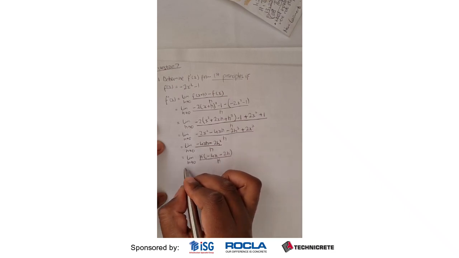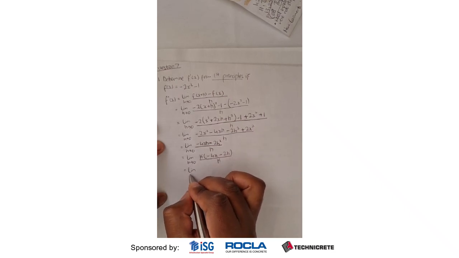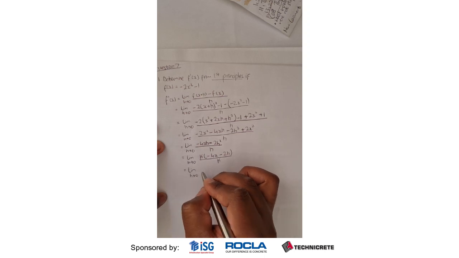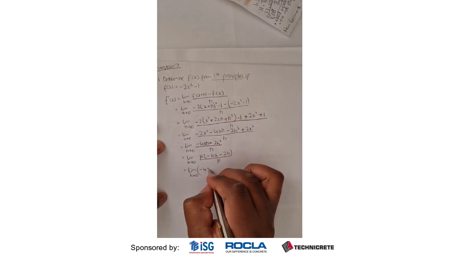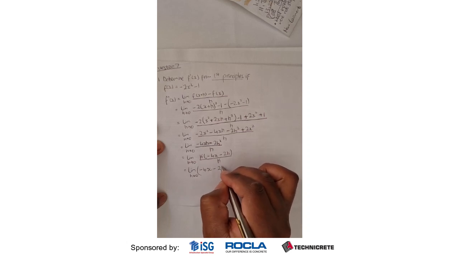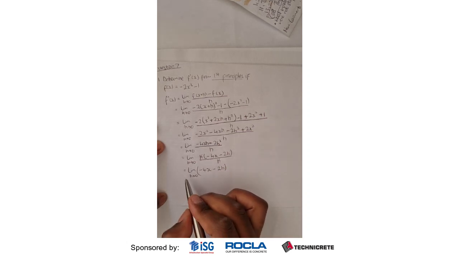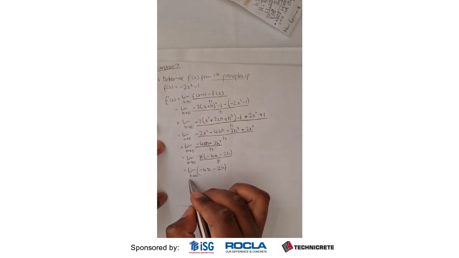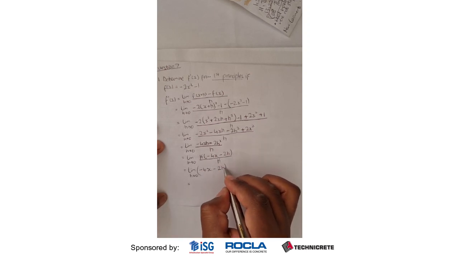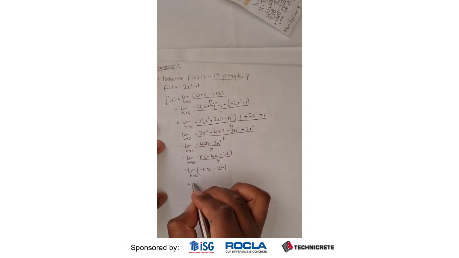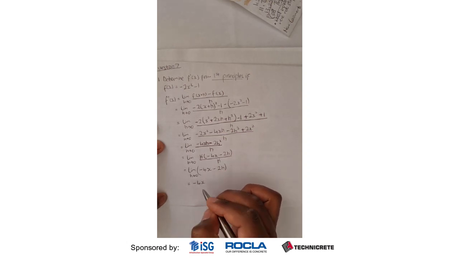This h and that h cancel out, and then the limit as h tends to 0 of negative 4x minus 2h. So now our h is tending to 0. And if it's tending to 0, when we multiply negative 2 by 0, this becomes 0, and we are left with negative 4x.